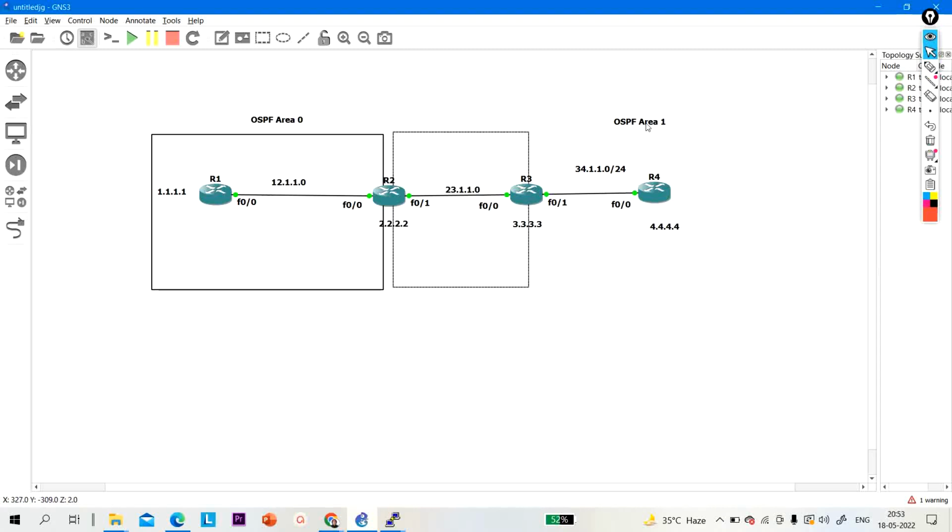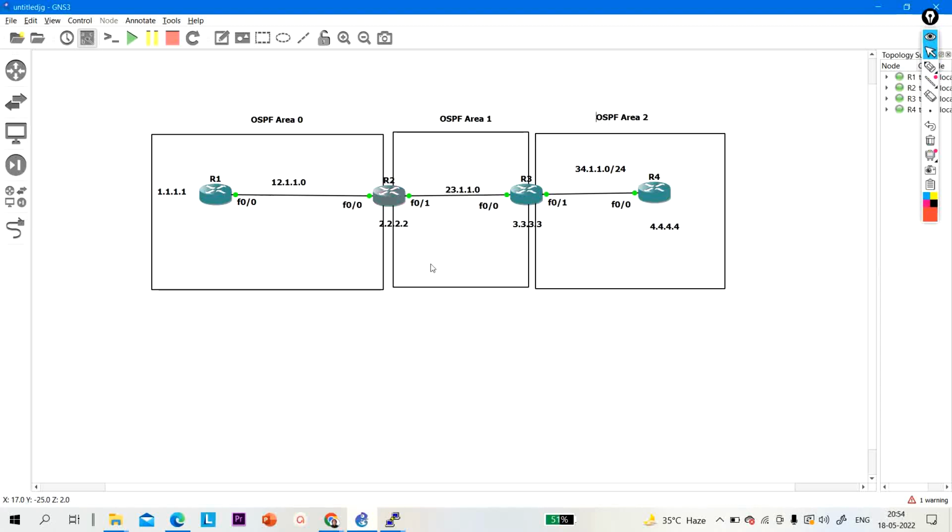Yes, I can do anything. You need to swap the area. This is my area 2, the middle one is area 0, and the left one is area 1.